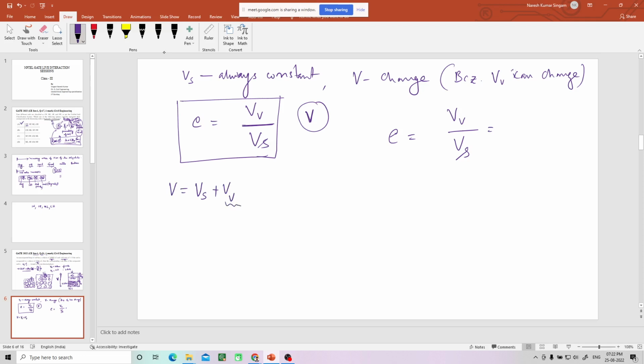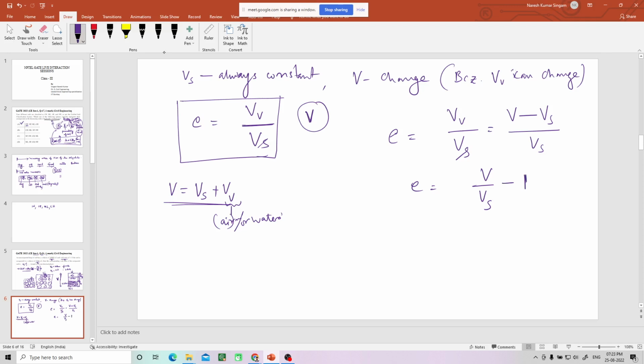In this volume of voids, air can be there and or water can be there, anyway. Now what will I do? In place of VV, I will write V minus Vs. If you deduct solids from the total soil, you will be getting only voids, right? Then next, E equals V by Vs minus Vs by Vs, which is V by Vs minus 1, right?